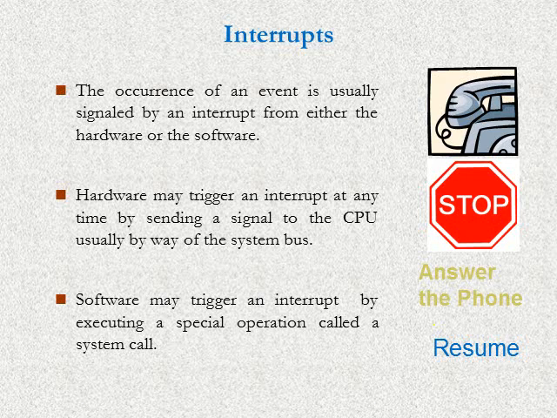Hardware interrupts are generated by the CPU, that may generate some signal, and that is transmitted through the system bus. And the software interrupts are usually called by system calls. So in any of these cases, we hold the current execution of our process, whatever we are doing, and we move on to doing something else.